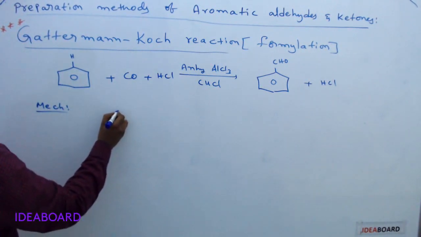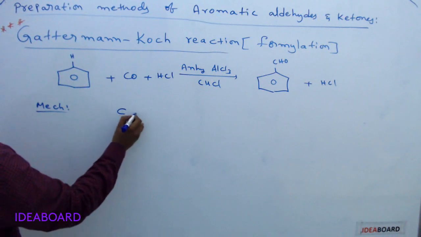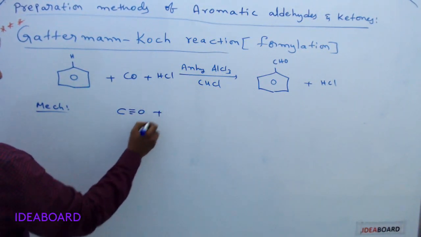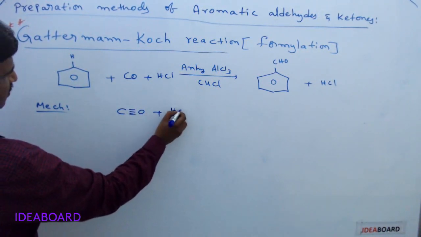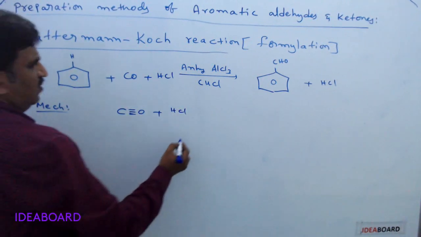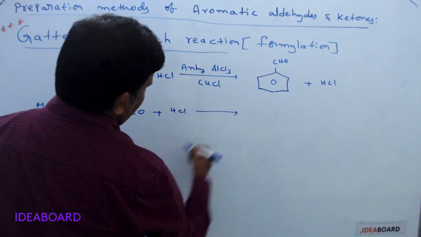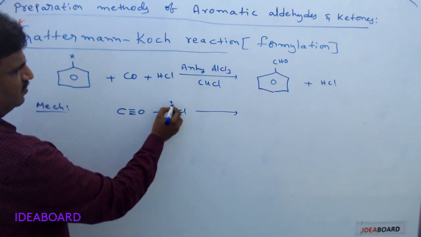Here is a simple mechanism for this. First we see CO, C triple bond O, and HCl. On this, HCl first reacts as H plus and Cl minus.